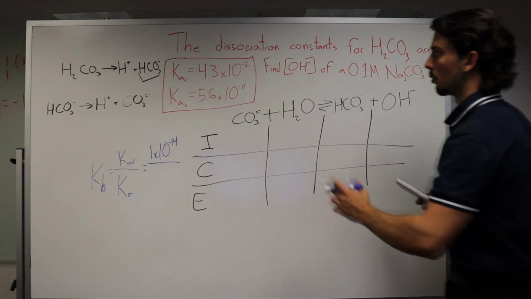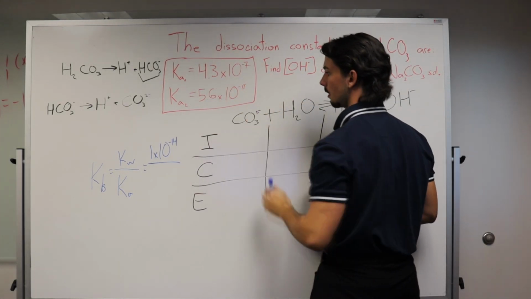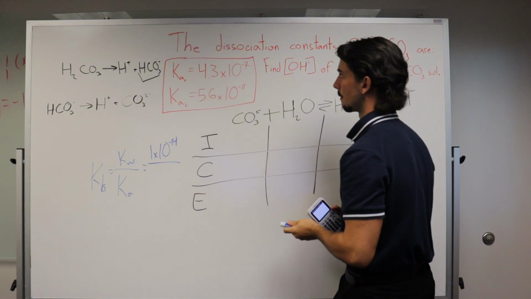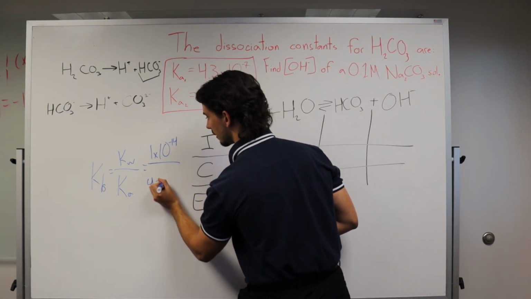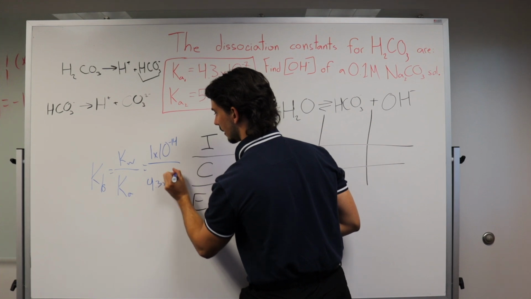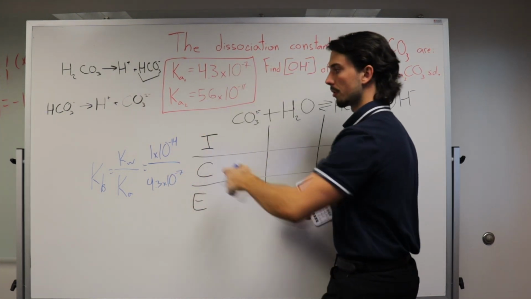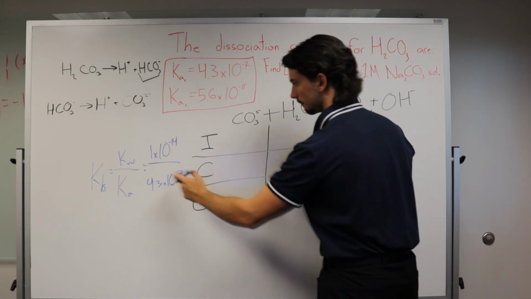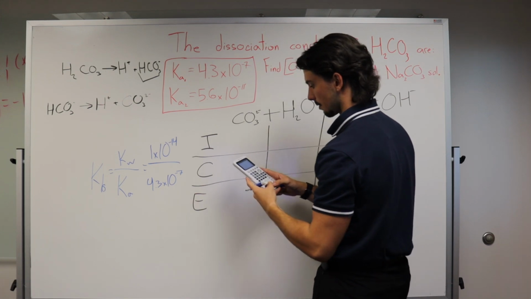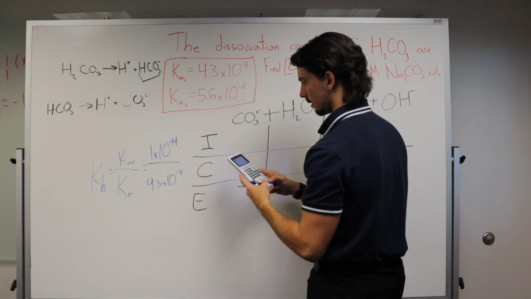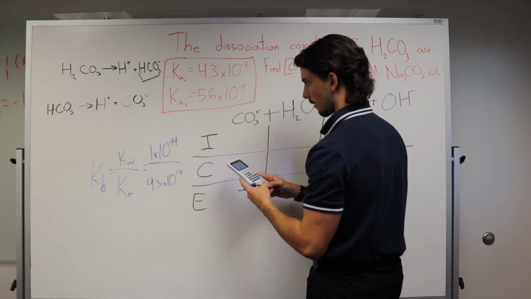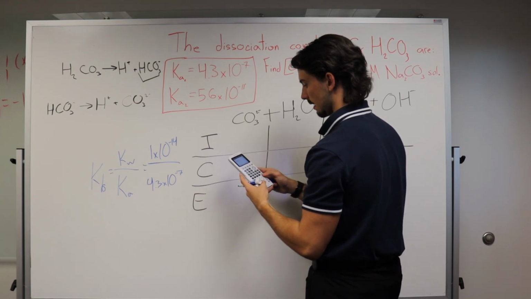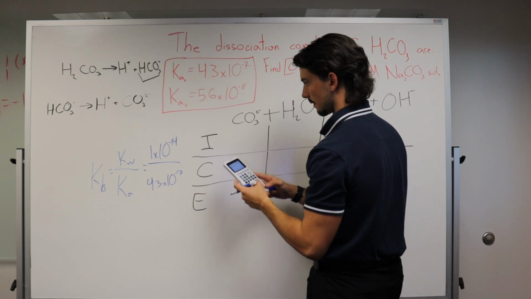So now that we know we're using Ka1, we'll just write that into that equation. 4.3 times 10 to the negative 7. And then when we multiply those and then we divide them, we'll get the Kb. So let's do 1 times 10 to the negative 14th, divide that by 4.3 times 10 to the negative 7.